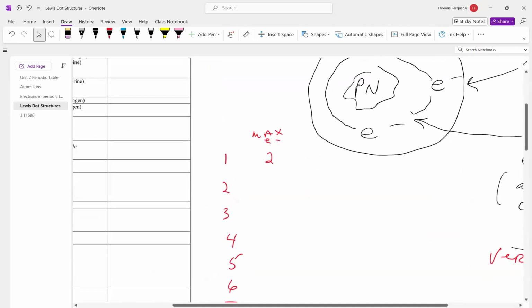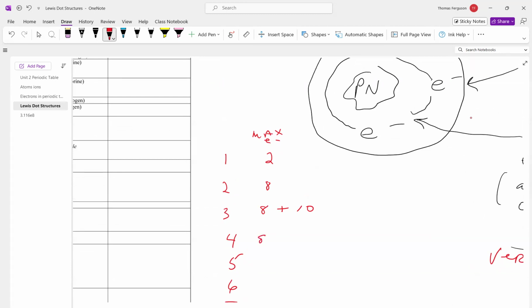On the second orbital, it can handle 8. And the third one is 18, but it's split between 8 and 10. Anyway, these get progressively larger.